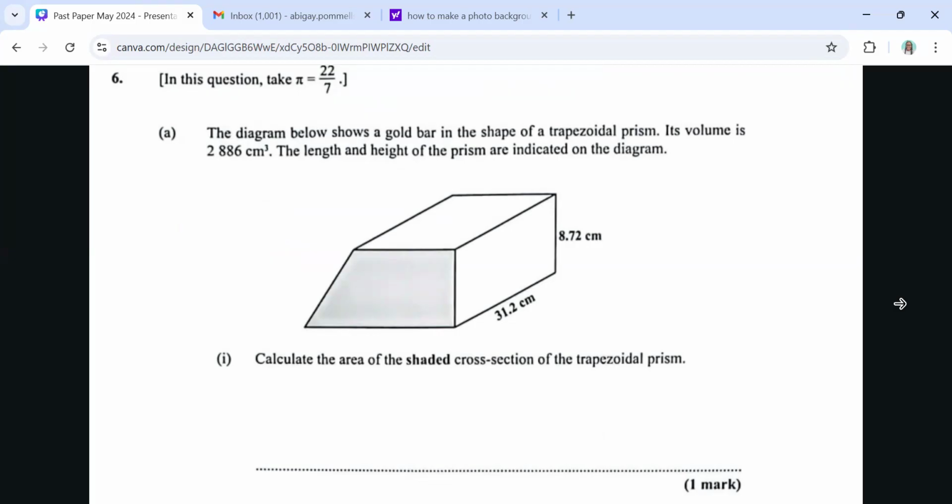The length and height of the prism are indicated on the diagram. Now, it's asking us to calculate the area of the shaded cross-section of the trapezoidal prism. So right here is shaded. Good.